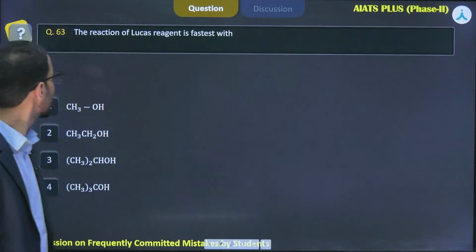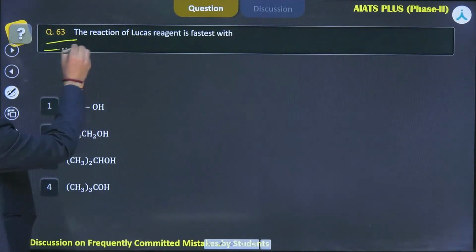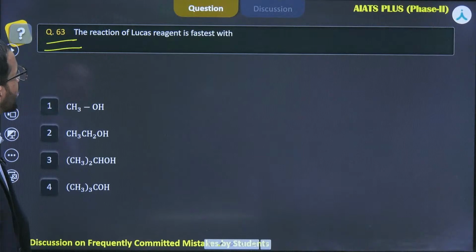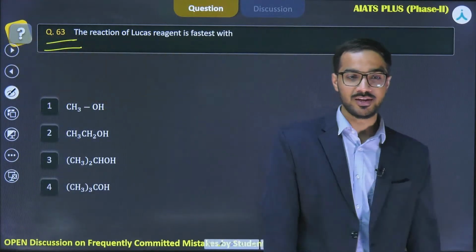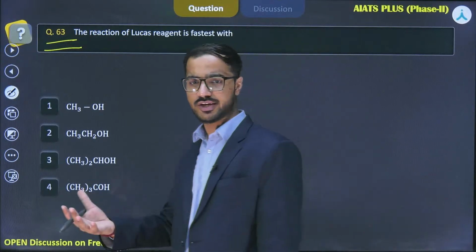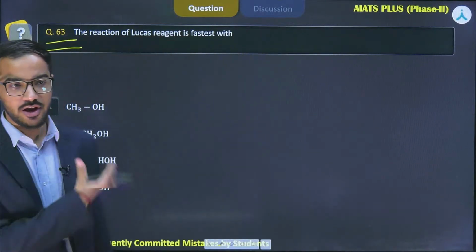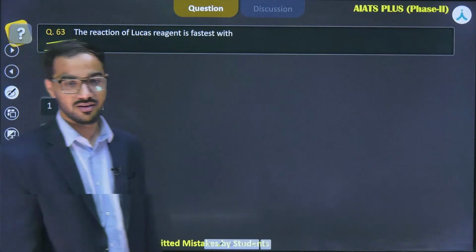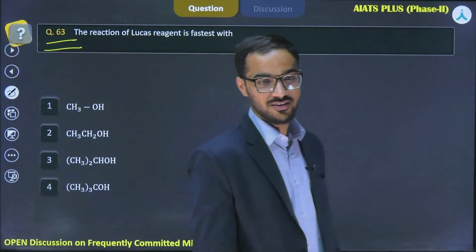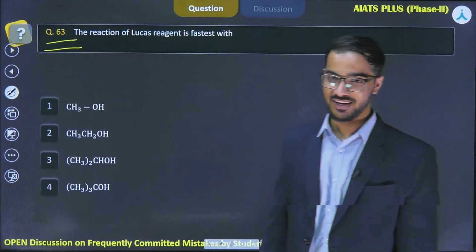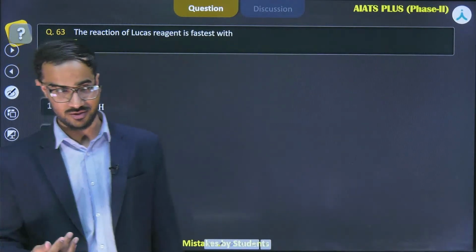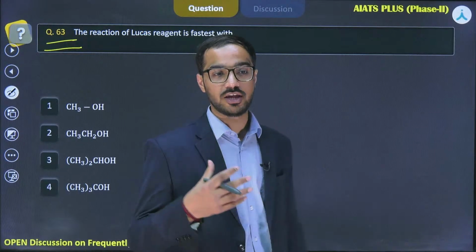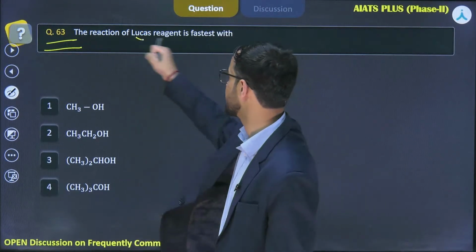Okay, we have question number 63. The reaction of Lucas reagent is fastest with. Can anyone tell what is the Lucas reagent? In which chapter are we going to deal with it? First of all, this is a discussion class, so you have to give me the explanation. What is Lucas reagent?